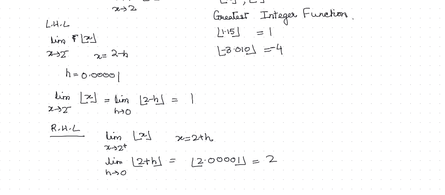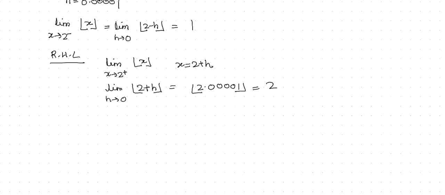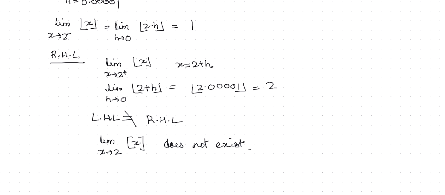So we can see that the left hand limit is not equal to the right hand limit. So the limit x tends to 2 of the greatest integer of x does not exist.